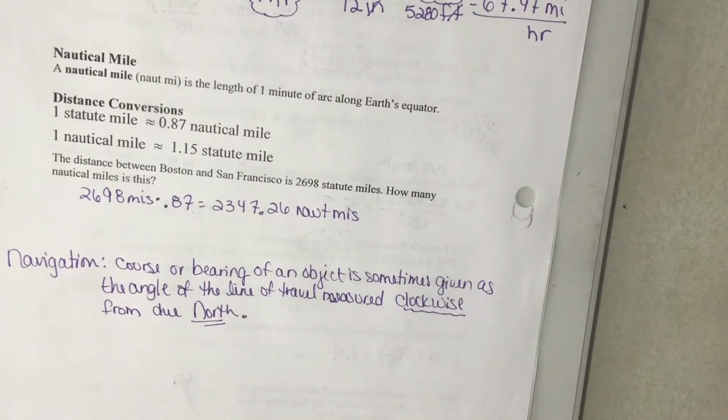Okay, so navigation is the course or bearing of an object sometimes given as the angle of the line of travel measured clockwise from due north. Say what? We're going to see what that means here in just a second.